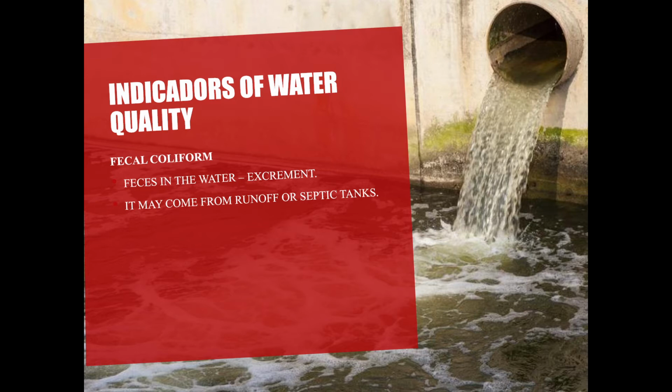Runoff will be the normal or the natural way of finding feces in the water, because you know that there are a lot of animals in the wild, and after their excrements are in contact with runoff, they are going to be taken to the rivers or lakes, depending on what we're talking about.